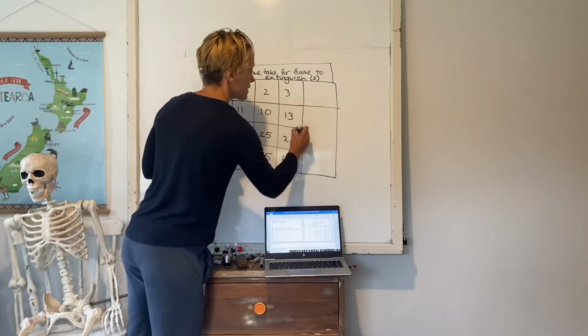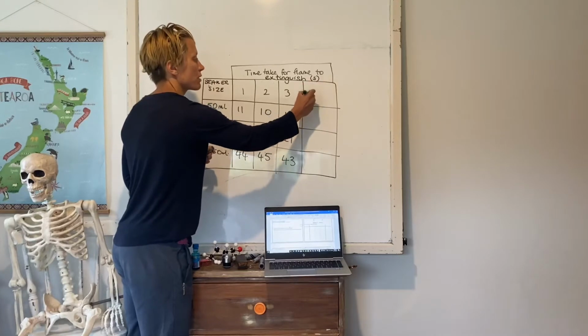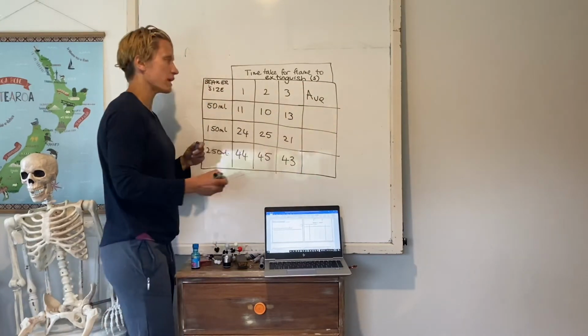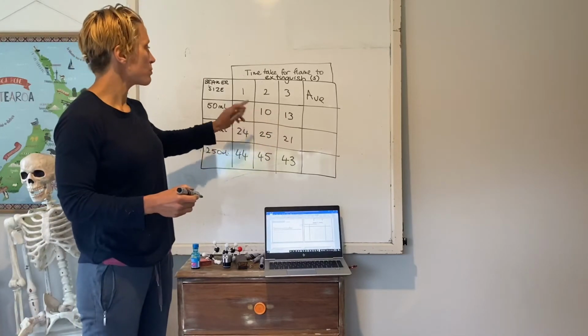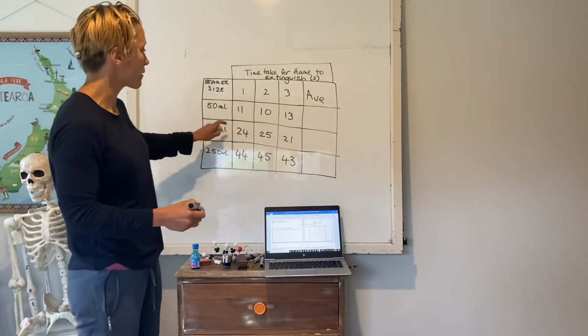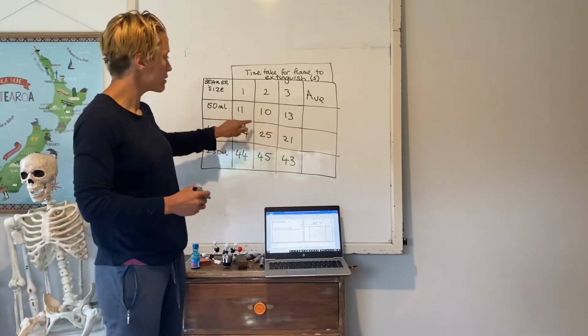With that data, you now have to plot an average, which goes in this column here. I really hope you know how to work out averages, but if you don't, I'll remind you now. You get all your data, so all 3 results for each of your beakers.